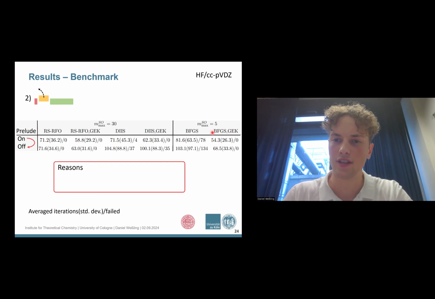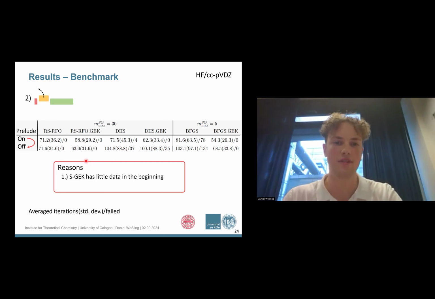But for example, here for the BFGS, it's actually not that bad. We don't have any cases that didn't converge, and also for this RS-RFO. But overall, it's still preferred to use this prelude. Okay, so a reason for this not working is that the Kriging actually has very little data in the beginning.